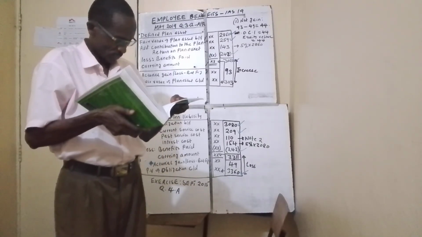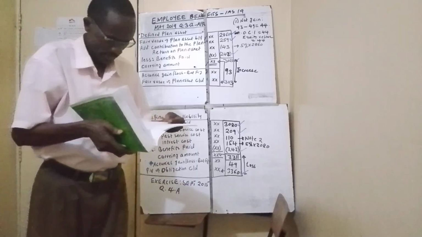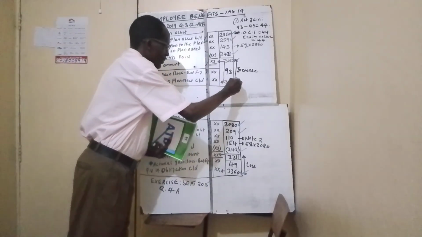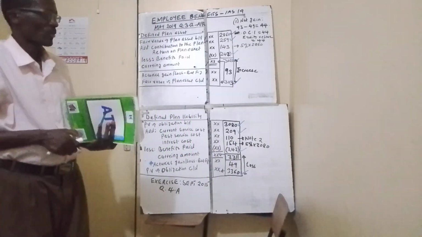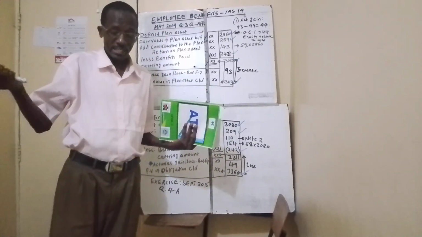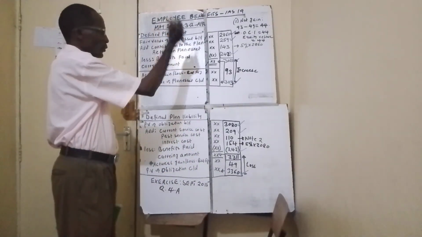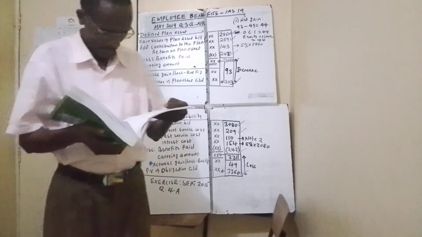Then fair value of plan assets as at 1st December 2018. That 113. That 113 is there. The closing balances. I've told you most of these items will be given. Yours is only to know the format. So yours is only to fix that figure where it's supposed to be appropriately.